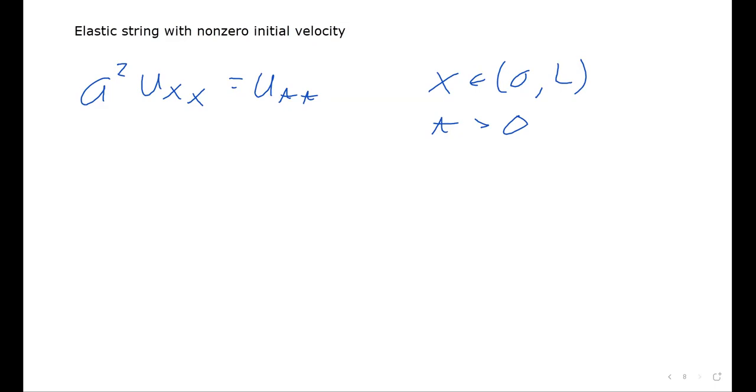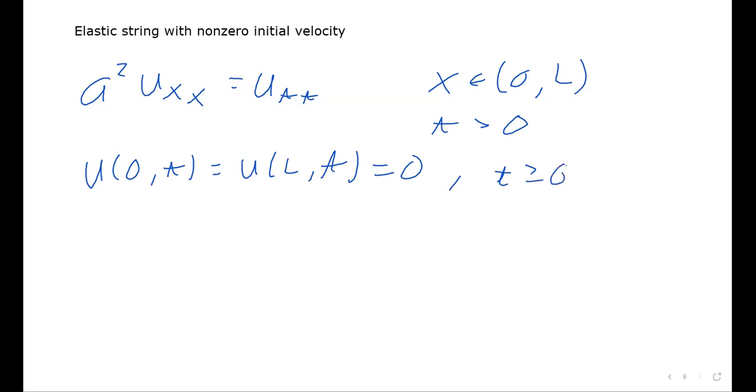And here we're still going to have that our U at 0 is equal to the U at L, no matter what the time is. And we're going to start it at some point whenever we're going through the equilibrium point.